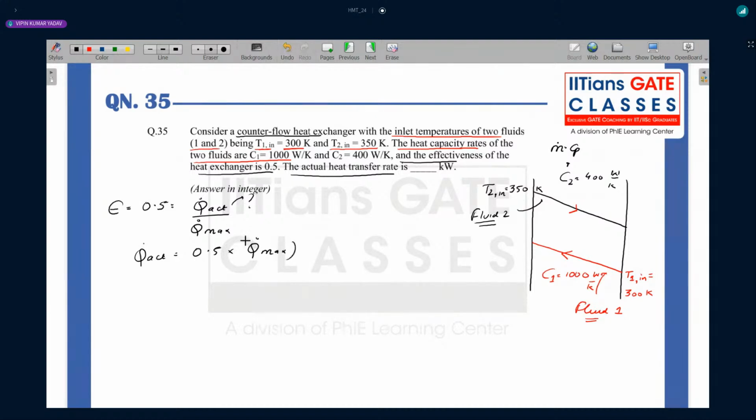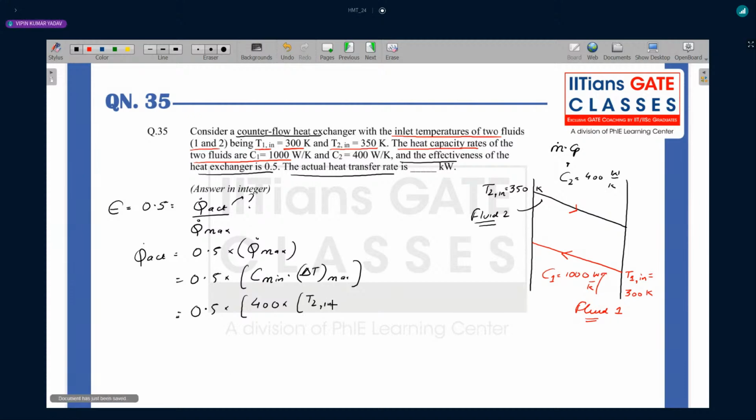Now, how do you find out Q dot maximum? It is C minimum and temperature difference will be maximum, right? So what is the C minimum? Fluid 2 has the C minimum. So 400 into what is the maximum temperature difference?